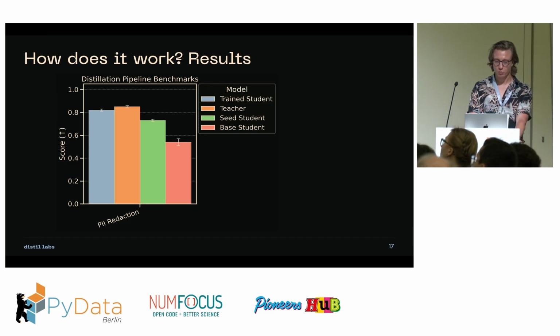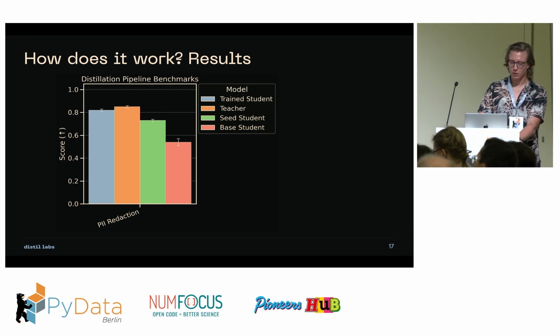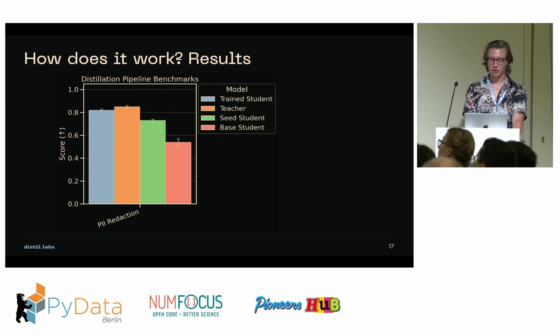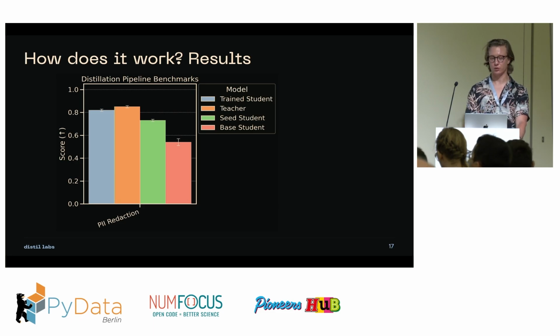Here we compare the teacher model, which in this case was Llama 3 70B. That's our LLM. It's not the largest, but for the sake of this exercise, it was okay. Then the trained student, which is a small model, Llama 3B, trained on our synthetic loop.